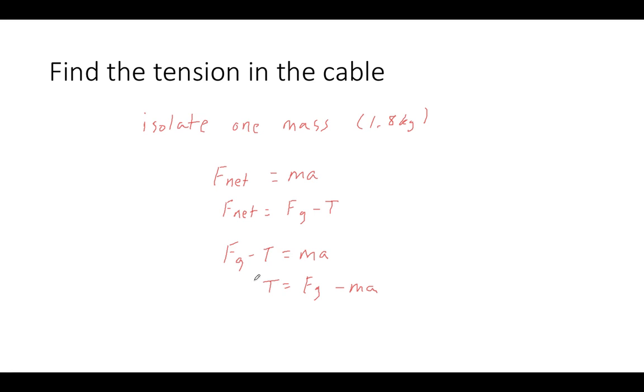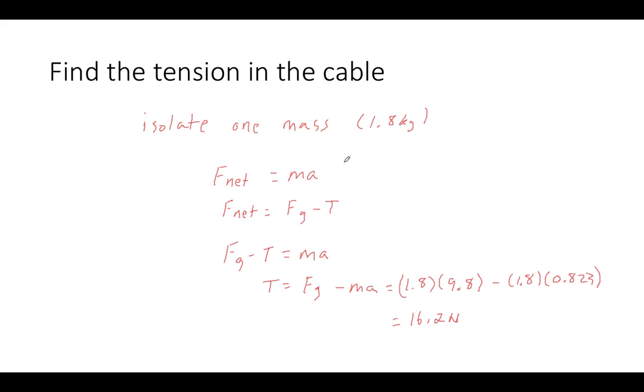And then we can plug in our values. So we get 1.8 times 9.8 minus 1.8 times the acceleration that we calculated from the last step, 0.823, and that's equal to 16.2 newtons.